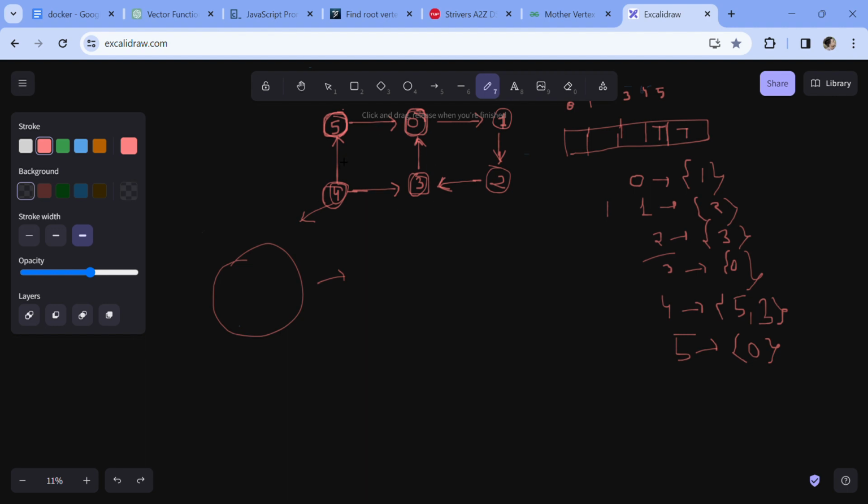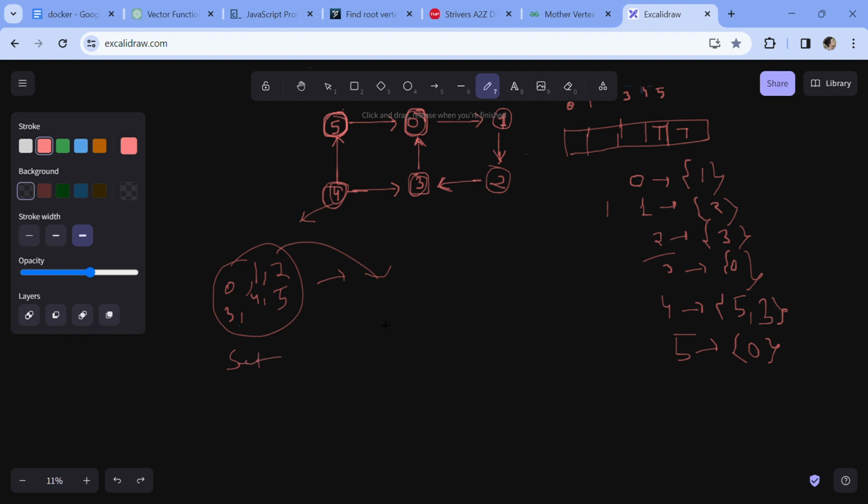Node 5 will be marked as visited. So all the nodes come into my set, and my set will look like this: 0, 1, 2, 3, 4 and 5.